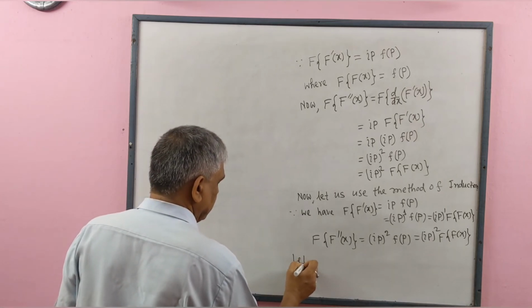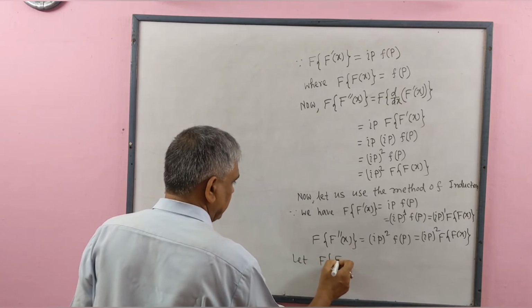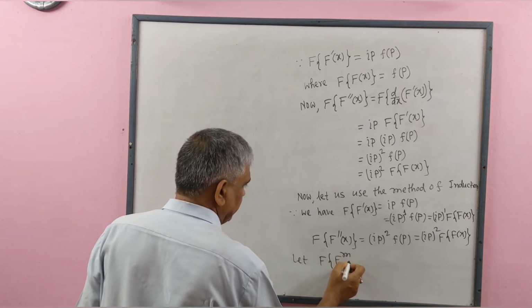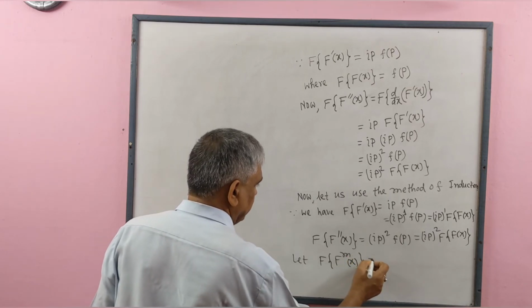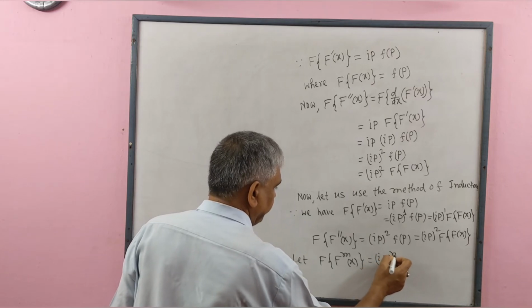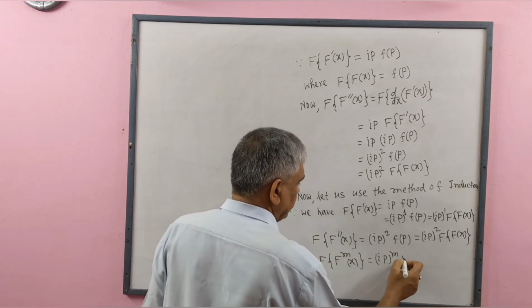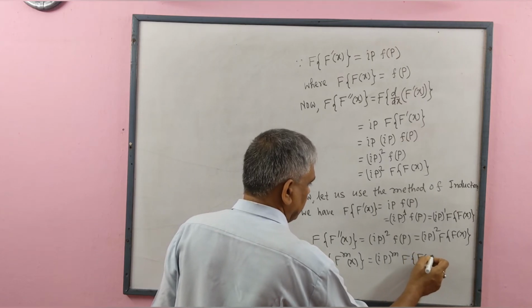Let the Fourier transformation of the mth order derivative of f(x) equal ip power m times the Fourier transformation of f(x).